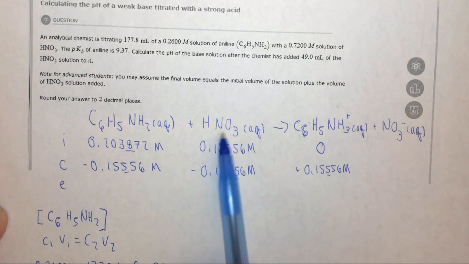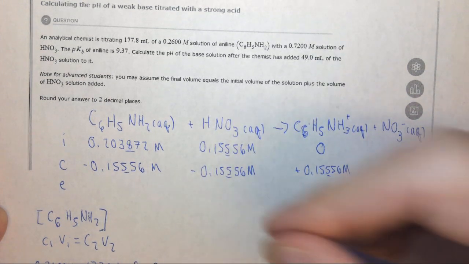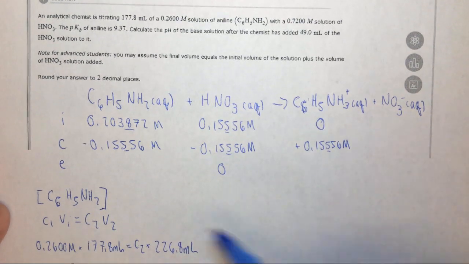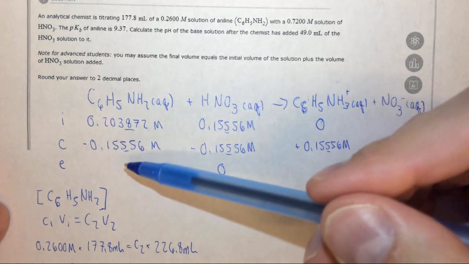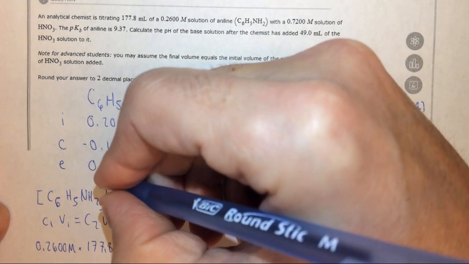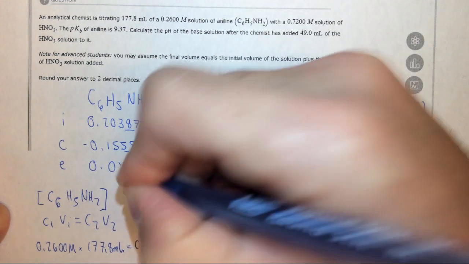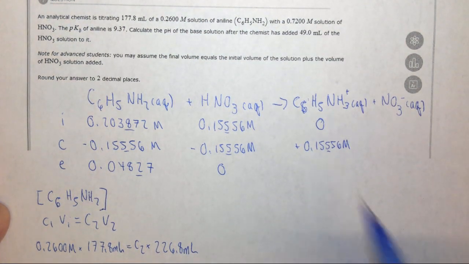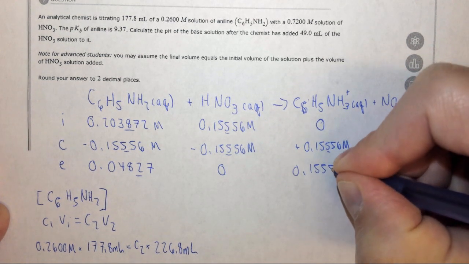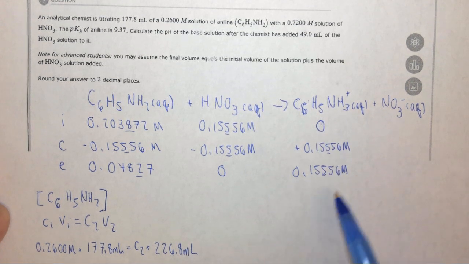So basically we react all of this, so the equilibrium, or the final concentration of HNO3 is essentially 0. Now we subtract this out and we get 0.04827. That's the sig fig, and here we just get the 0.15556 molar because we were adding it to 0.